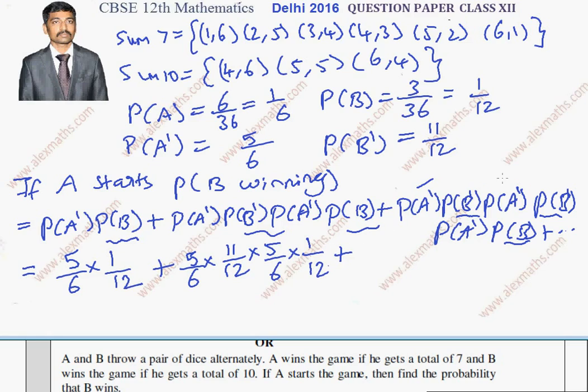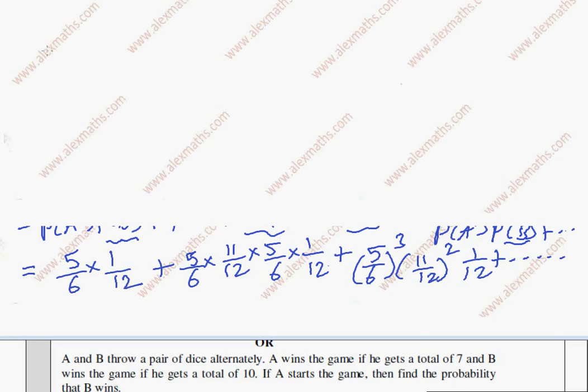Now A dash we have 3 times, so 5 by 6 whole cube. Then B dash we have 2 times, so 11 by 12 whole square. Then P of B is 1 by 12. Like this the series continues. This is an infinite GP.